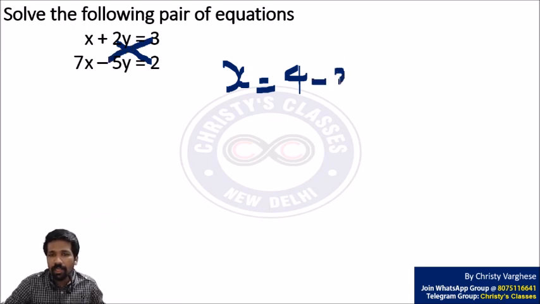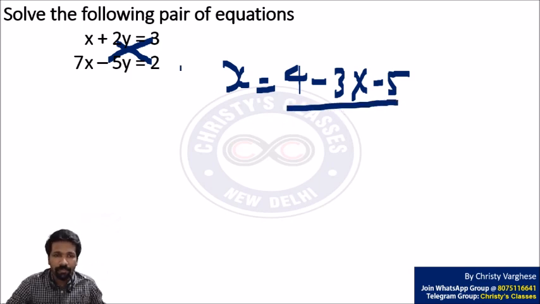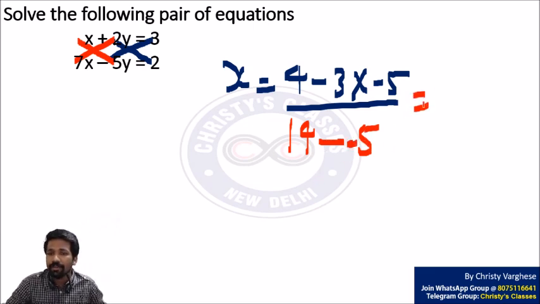That is the numerator of the answer, divided by, in this order, 2 into 7, 14, minus the coefficient of x is 1, 1 into 5, minus 5 means plus itself, and this will be the answer of x.